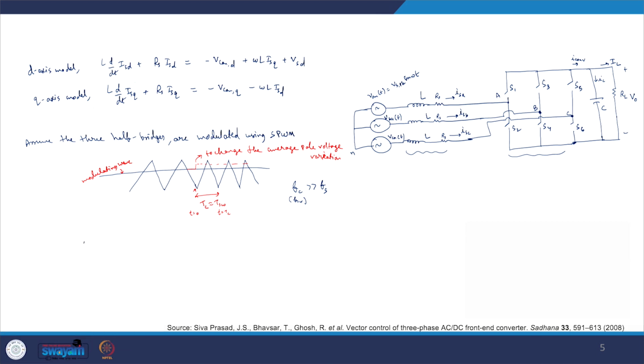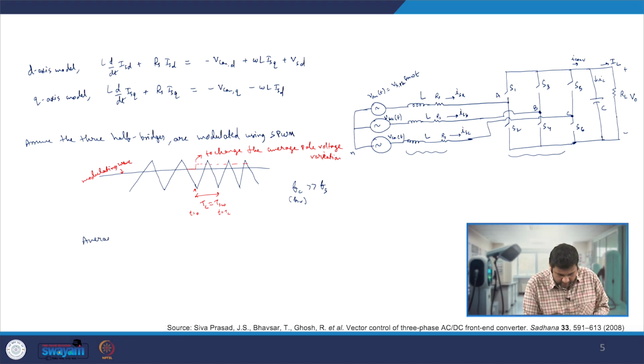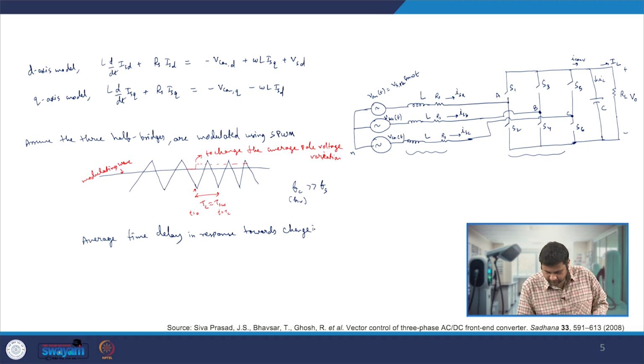So we can say that the average time delay in response towards change in modulating wave is Td.